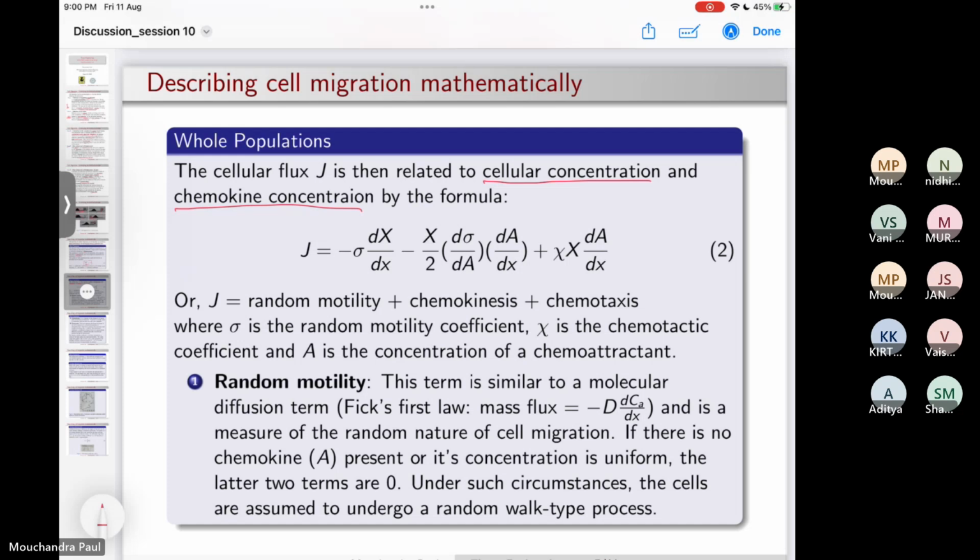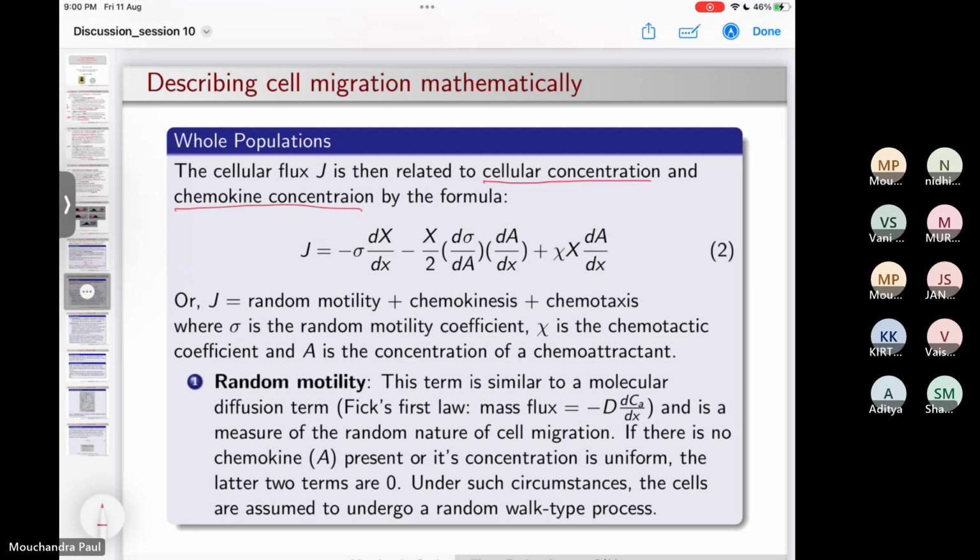It tries to migrate to the point from which the chemokine is being released. The source of this chemokine could be another cell type, that is trying to call other cells to participate in some kind of a process.